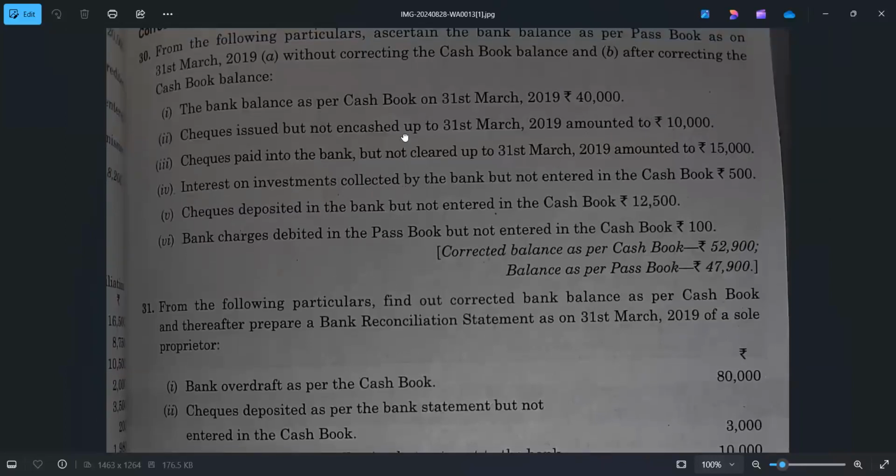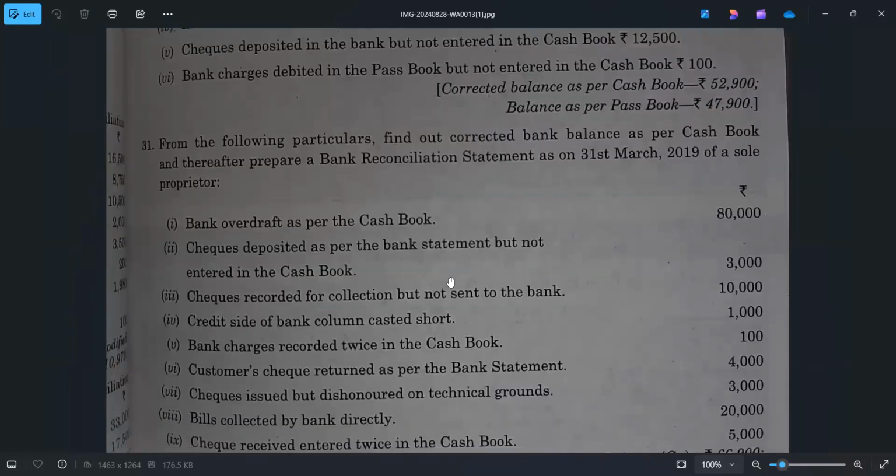I'm solving question number 31 here. From the following particulars, find out corrected bank balance as per cash book, and thereafter prepare a bank reconciliation statement as on 31st March 2019 of a sole proprietor.